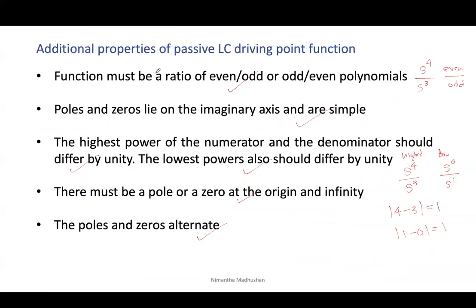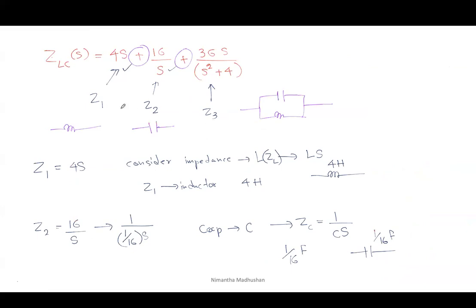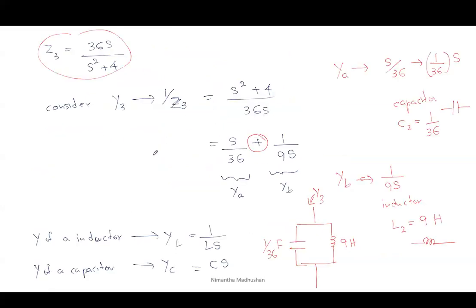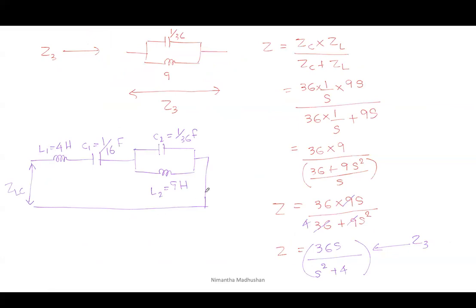Then I checked whether it is compatible with the additional properties, and I used the partial fraction expansion to expand the impedance function. Then I found each of the Z1, Z2, and Z3 components, and finally I combined those components and constructed the final circuit.